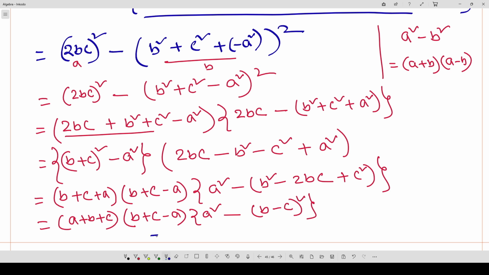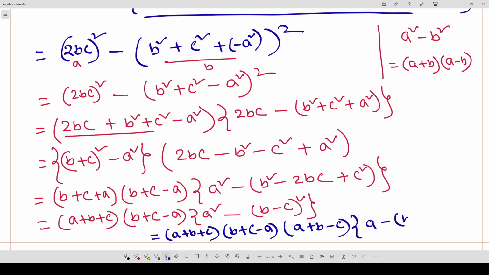And finally we can write (a + b + c), then (b + c − a), and here is also again a² − b². It means first a + b, it means (a + b − c), and then (a − b − c).